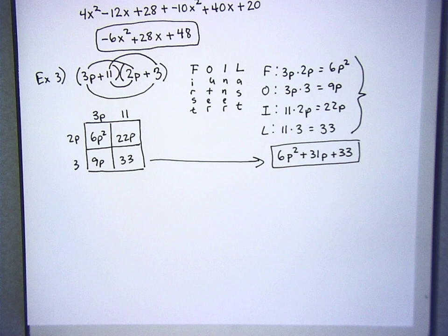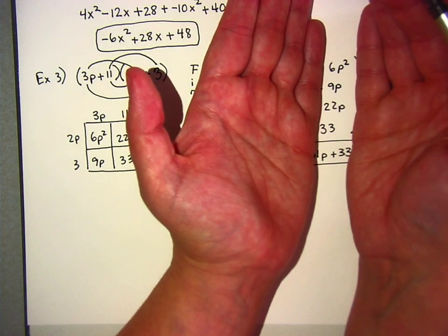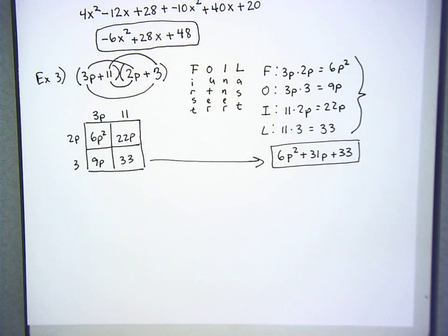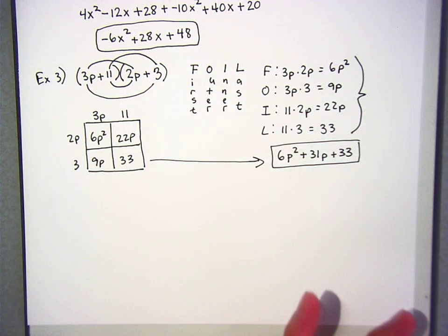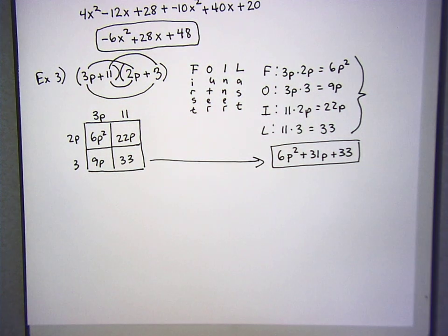I don't care which way you do it. I don't care if you make a box, or even if you just wrote down these four things and combined them. You don't have to write FOIL. You don't have to have it organized as long as it makes sense to you. We doing okay?